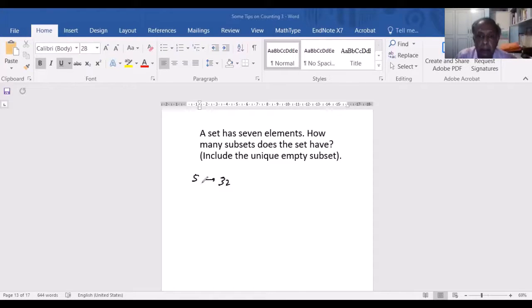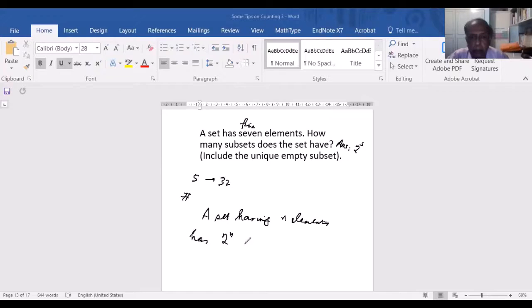What I mean is, if a set has 5 elements, how many subsets does it have? The answer is 2 to the power of 5. So in general, a set having n elements has 2 to the power of n subsets.